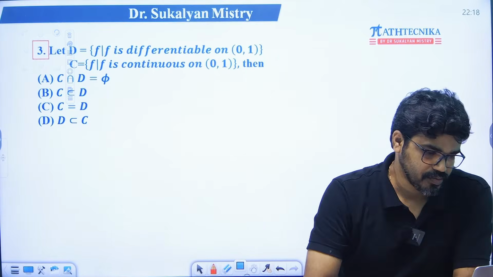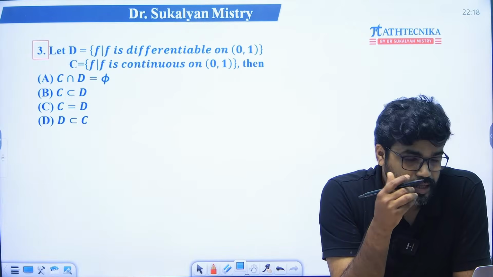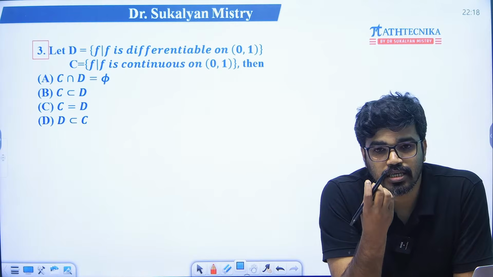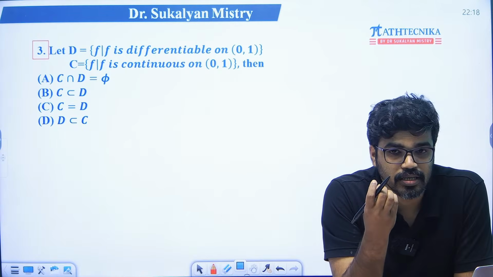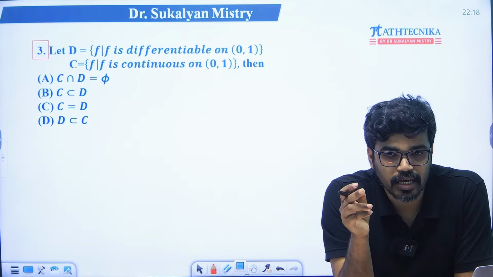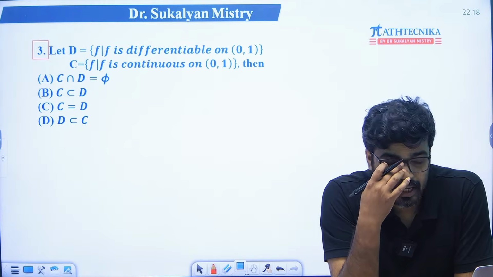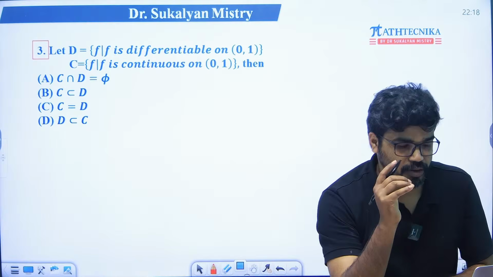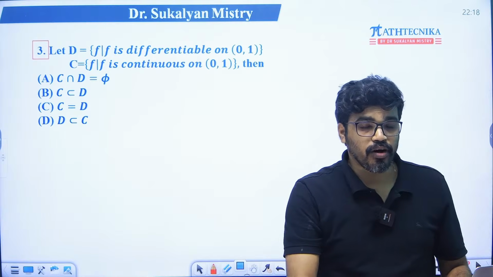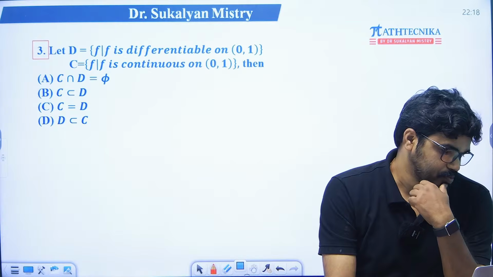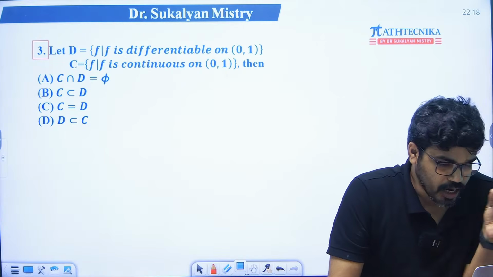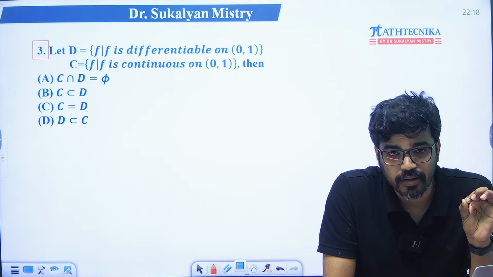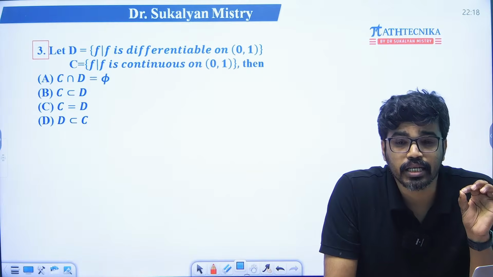The concept that we discussed is that every differentiable function is continuous. If it is differentiable, then what will it surely be? It will be continuous, but if continuous it may not be differentiable. Every differentiable function is continuous but the converse is not true. Differentiability implies continuity, but continuity does not imply differentiability.